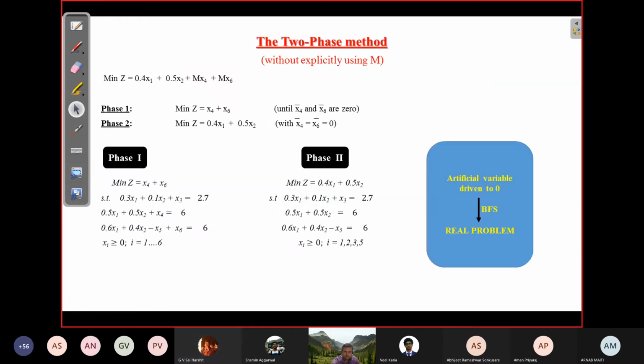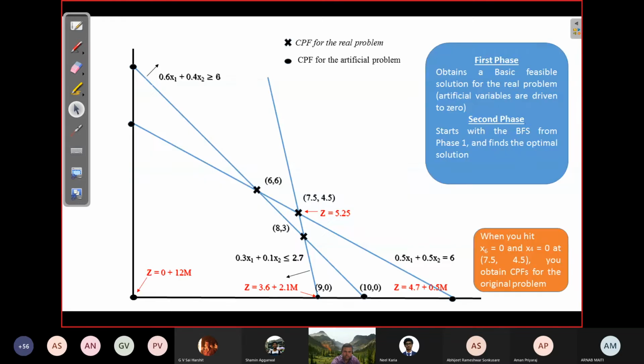You see here in your two-phase method in this graph, you are currently at 8.3, right? So with one choice of entering basic variable, you are getting this 6.6. With another, you are getting 7.5, 4.5, right? But we don't know which one would lead us to the optimal solution faster, right?